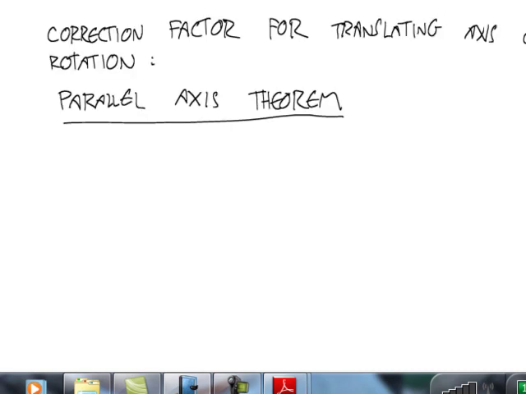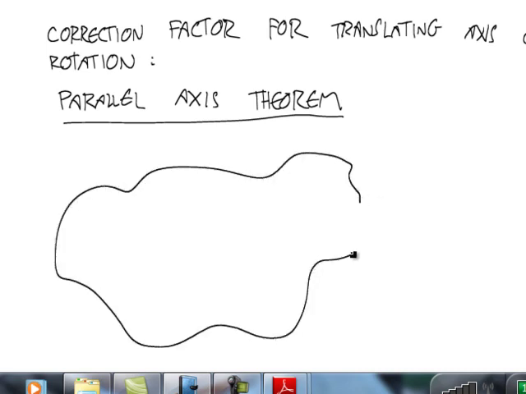this shape, and say this is the center of mass. And you know the moment of inertia about this point.